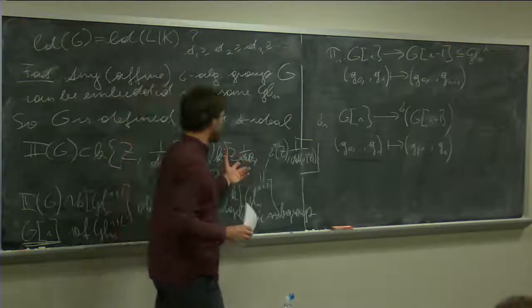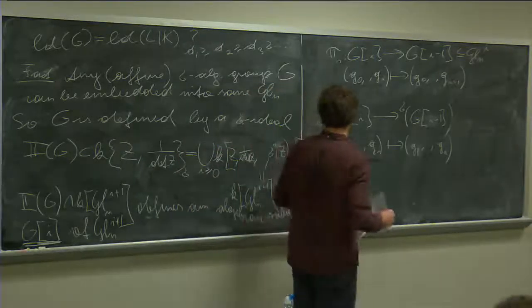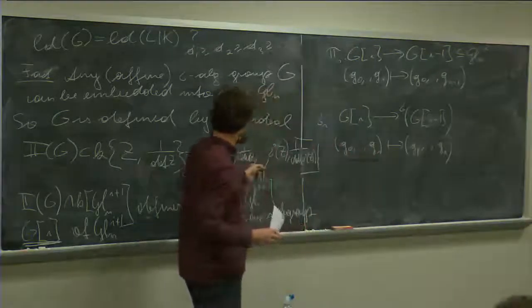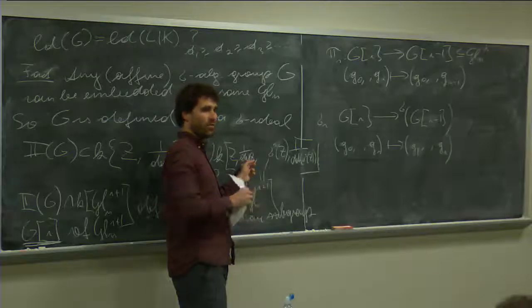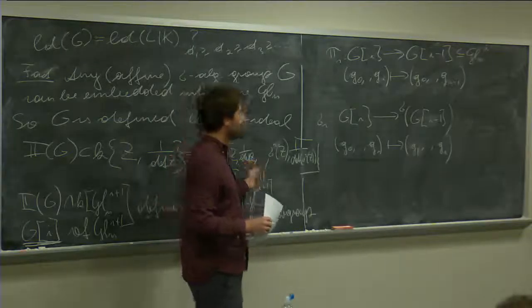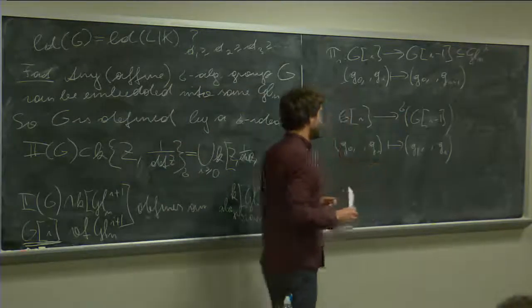Applying sigma to the defining equation means that you have to apply sigma to the coefficients of the equation. And so this is why you get the sigma twist here.